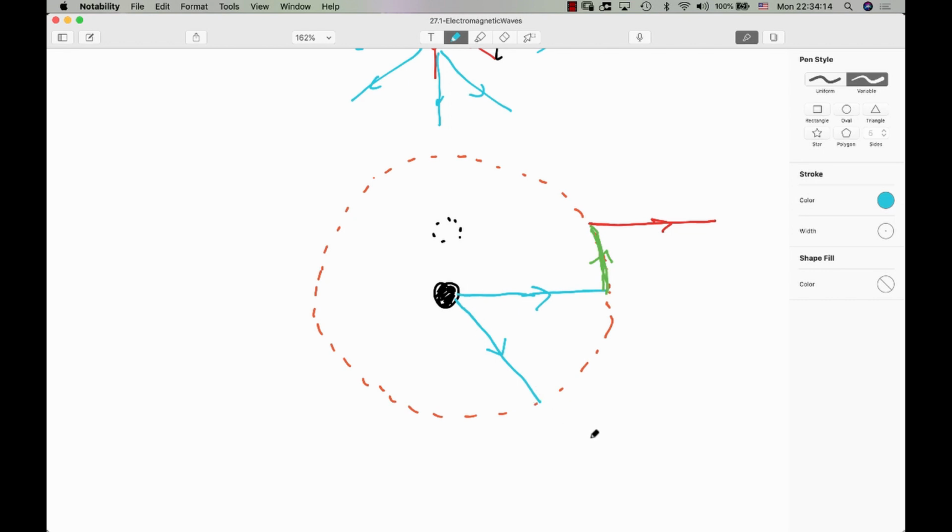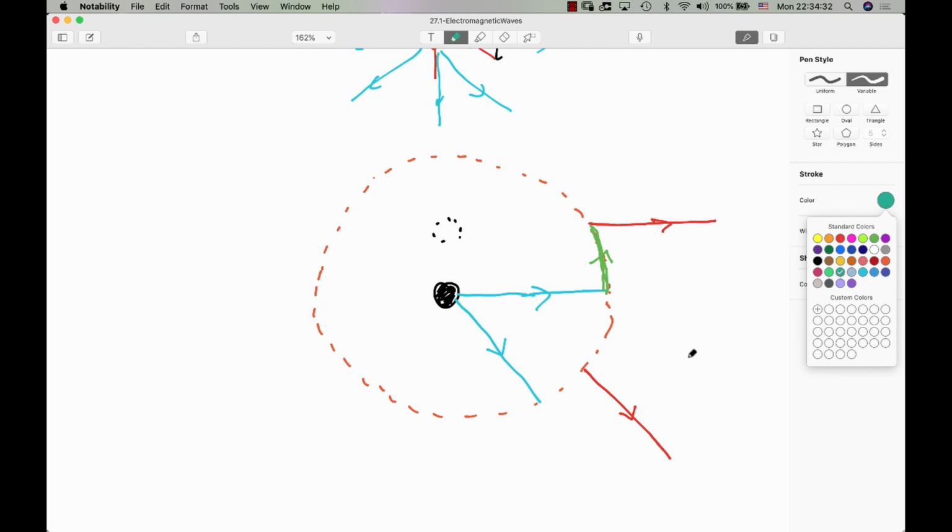Past this point, space still hasn't gotten the memo yet, and as far as it knows, the charge is still located there. So out there, the electric field line would be looking something like that. And then in between, we have to connect the two.